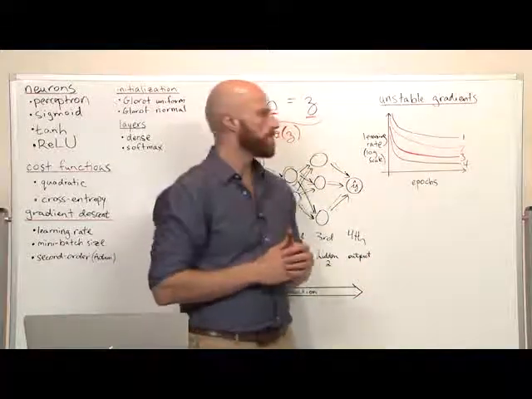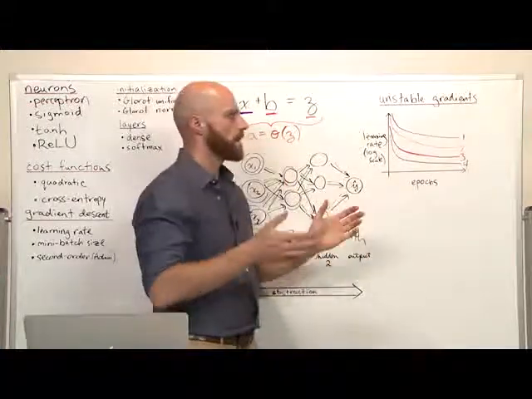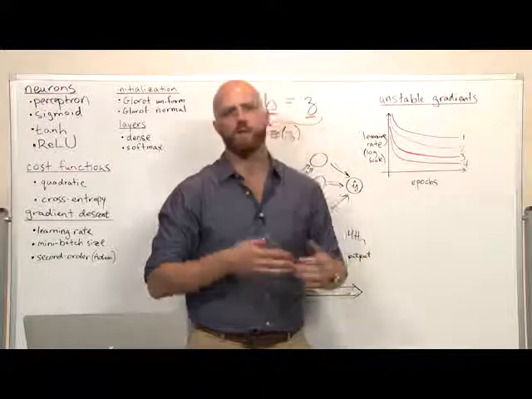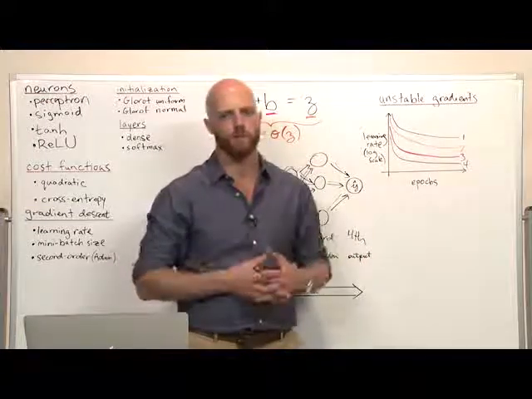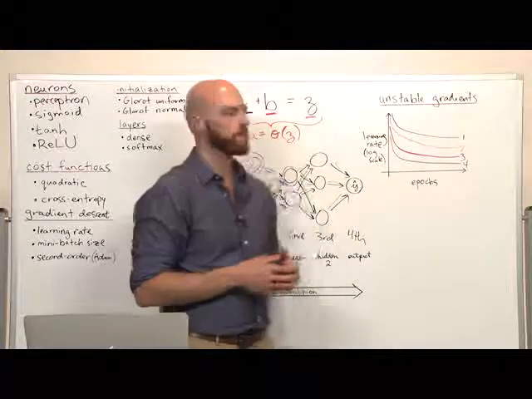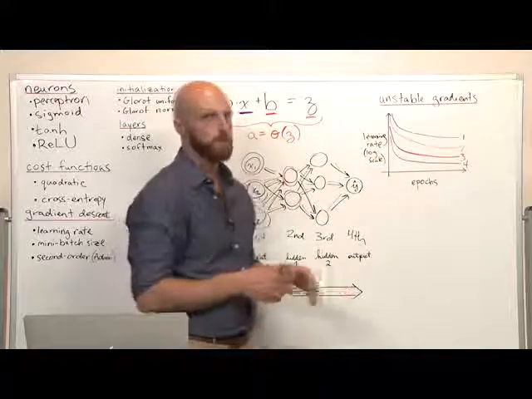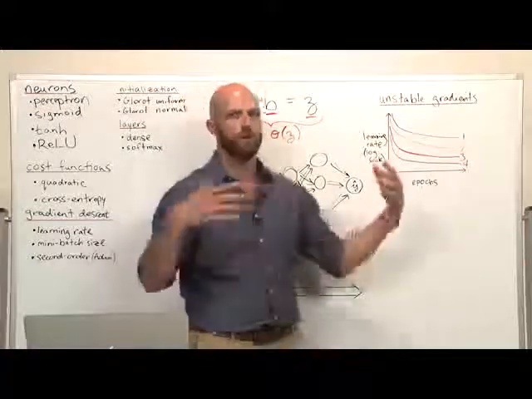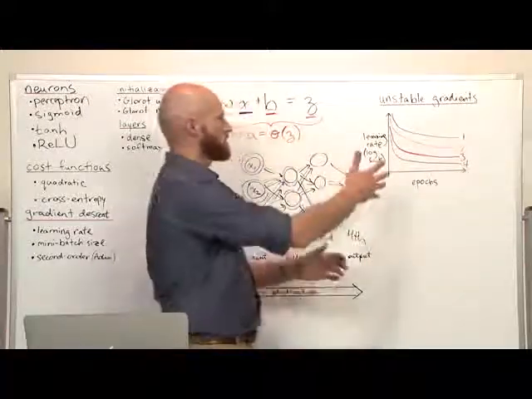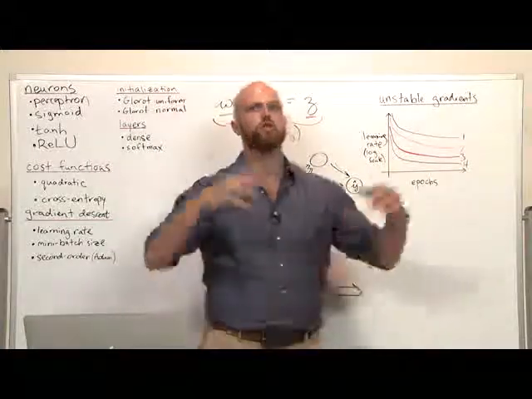This is a problem that becomes really big if we have dozens of layers, and we won't be getting into dozens or hundreds of layers in the neural networks that we're building, but it's something to be aware of. In some situations, you can also have the opposite problem, though this is less common, where you have an exploding gradient, and in fact, the neurons further away are learning too quickly.